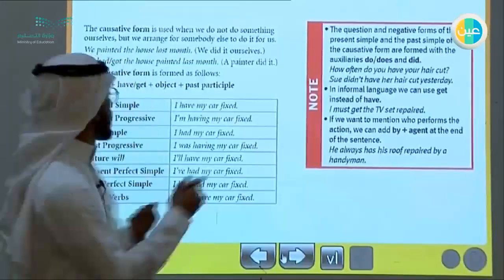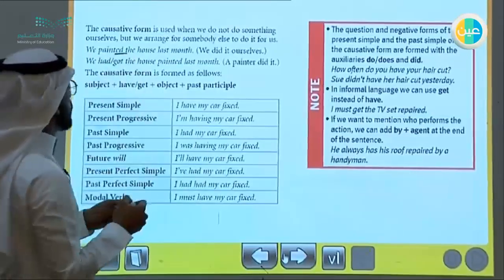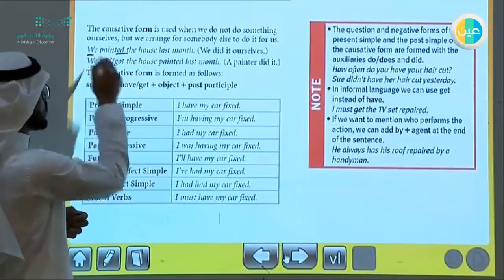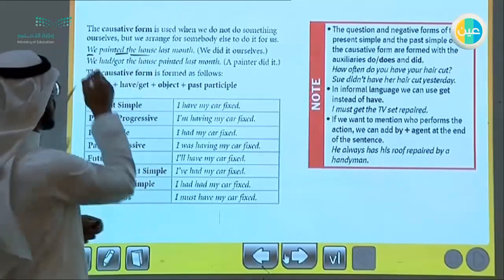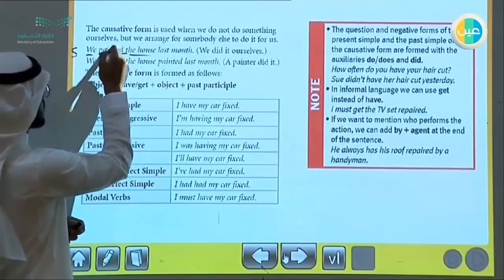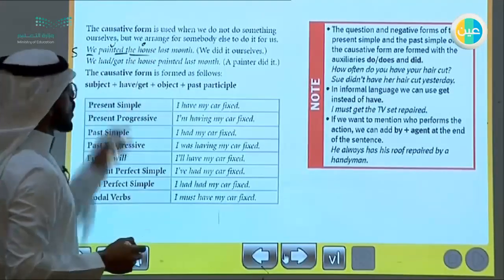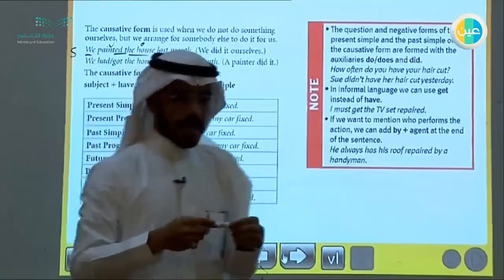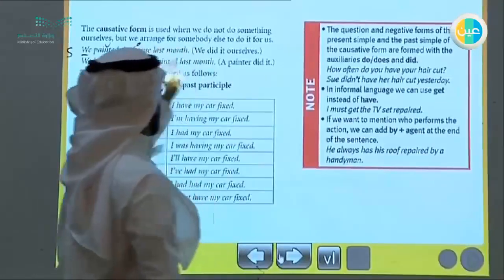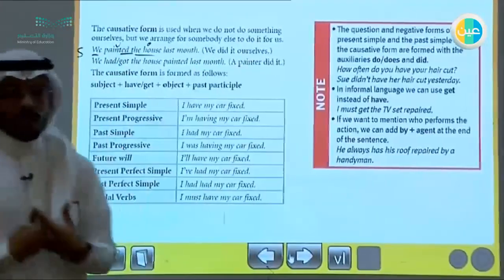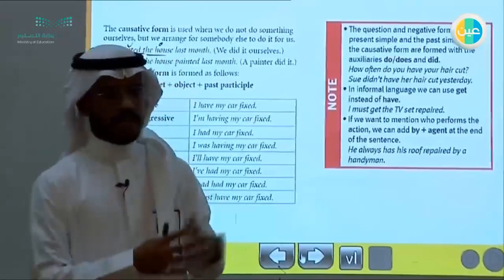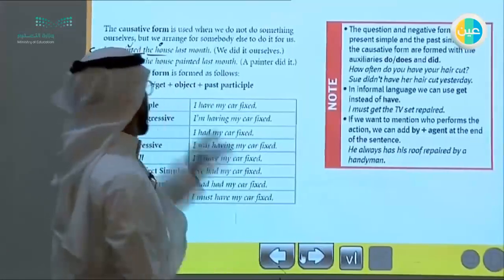We painted, this is a past simple verb, and this is the subject, and this is the object. Last month is a time expression. We did it ourselves. قمنا به بأنفسنا. يعني صبغنا المنزل بأنفسنا.